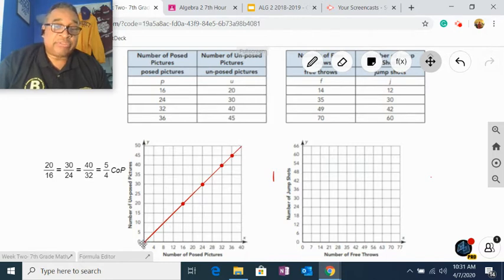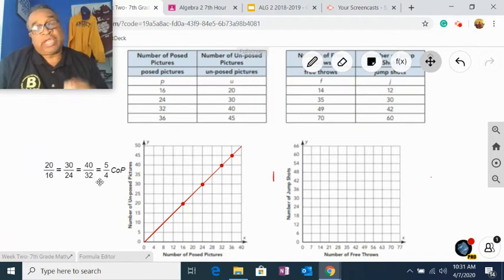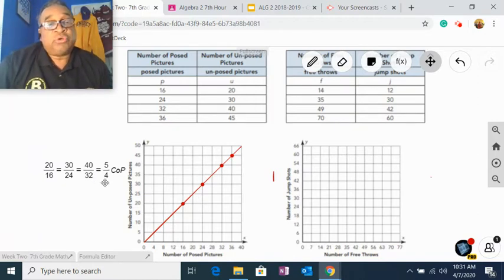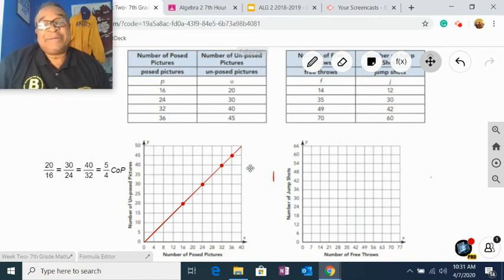And you see it comes down through 0, 0. Then we come over here and I put my y over x for each one of those points. And when you simplify those fractions, they all equal 5/4. So the constant of proportionality, or the slope there, is 5/4.